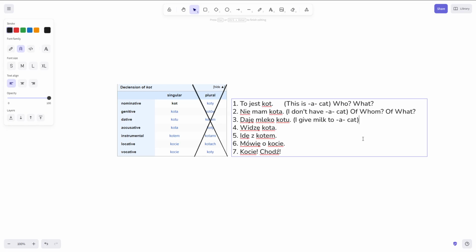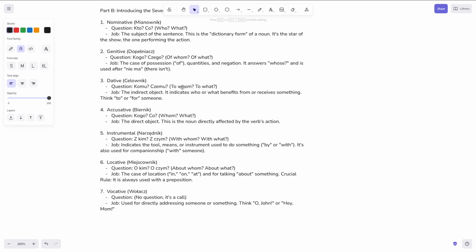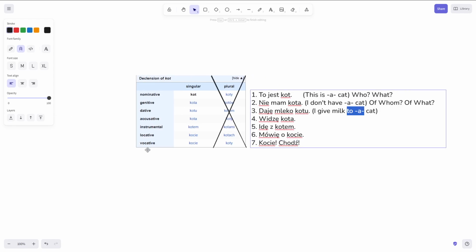So right now it should be pretty obvious that I give milk, and then we need to answer to whom or to what, and place the noun in a form that answers that question. When we look over there, yep, to whom, to what. Okay, so we need to do the number 3. We look over there, it is kotu. So then we have to put kotu.